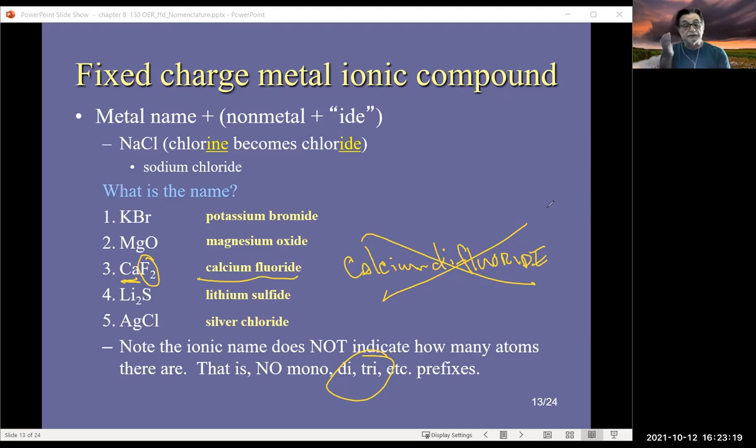Now, occasionally, if you look at labels of products that you use on an everyday basis, they will use prefixes for ionic compounds. Why they do that, I don't know, but that is not the correct name. For example, lithium sulfide would not be dilithium sulfide. Now, it might be dilithium crystals if you're on Star Trek, but not ionic compounds.